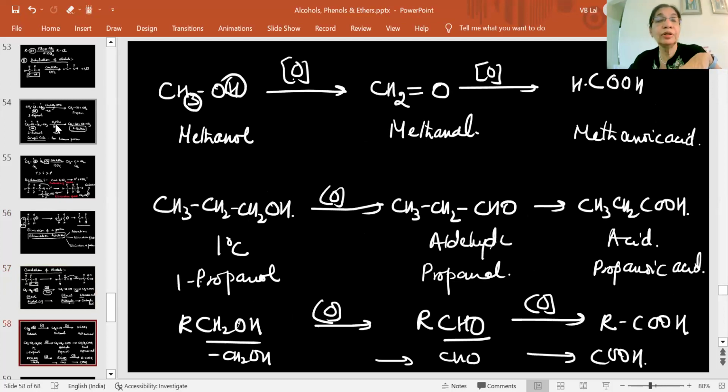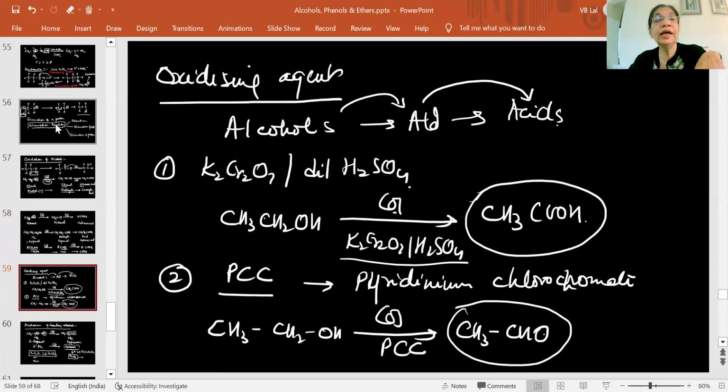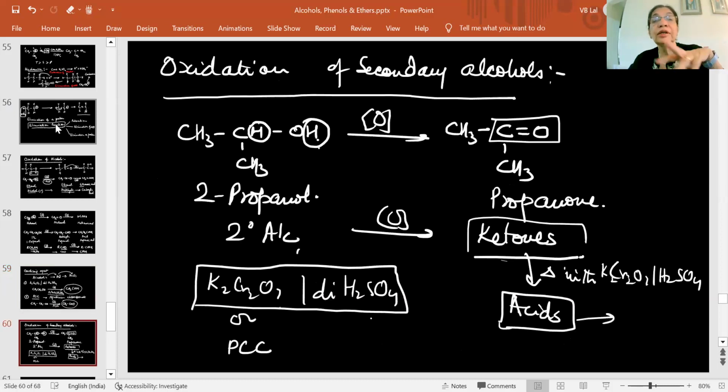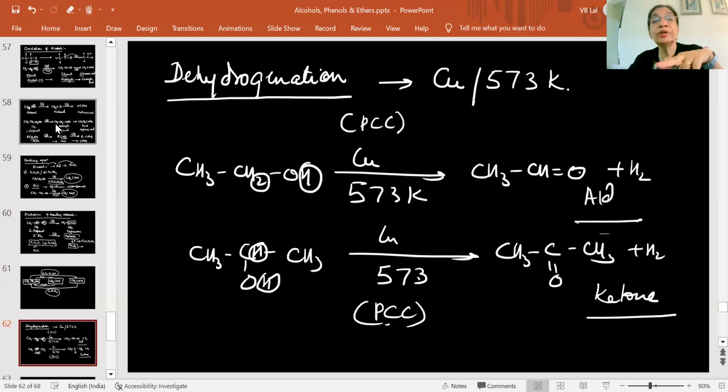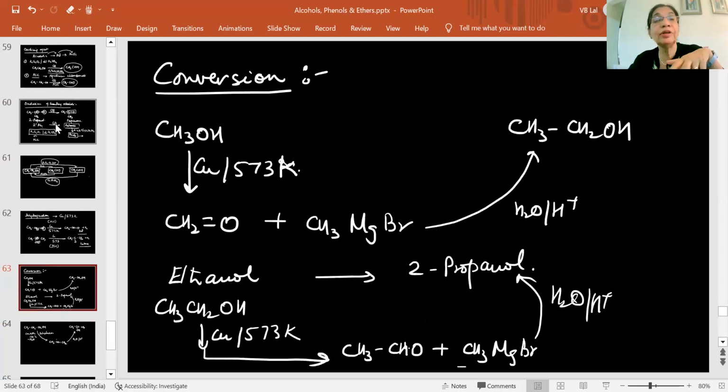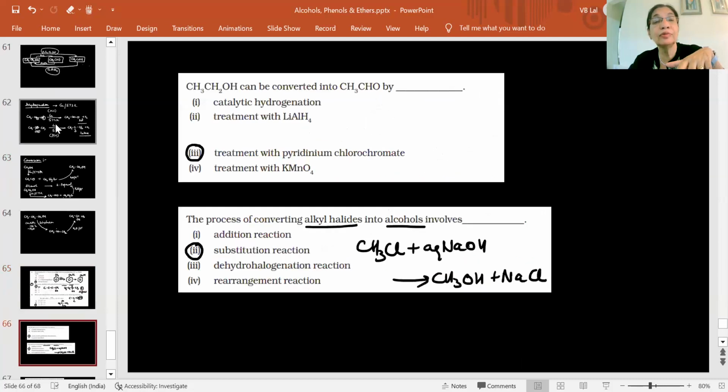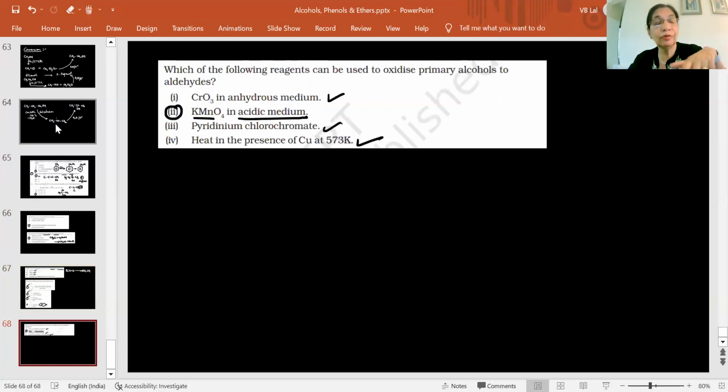Oxidation of alcohols, and different oxidizing agents and how they can oxidize either to aldehydes or to acids. Then oxidation of secondary alcohols, dehydrogenation using copper at 573 K, and then we did some conversions. So that is where we stopped.